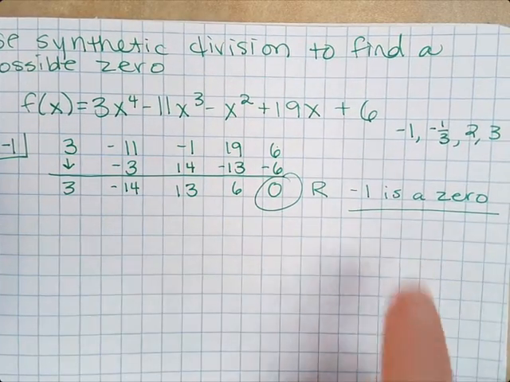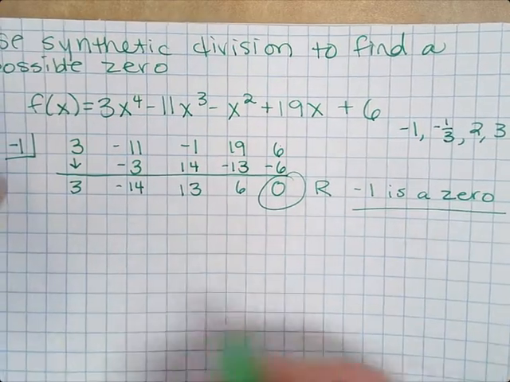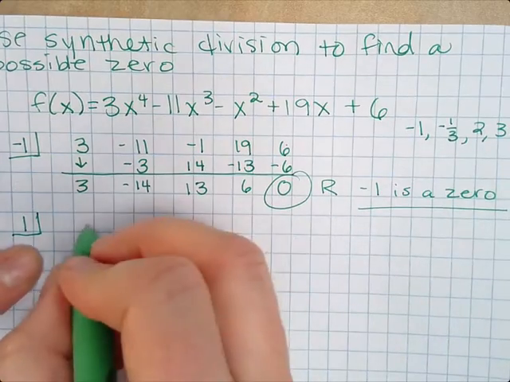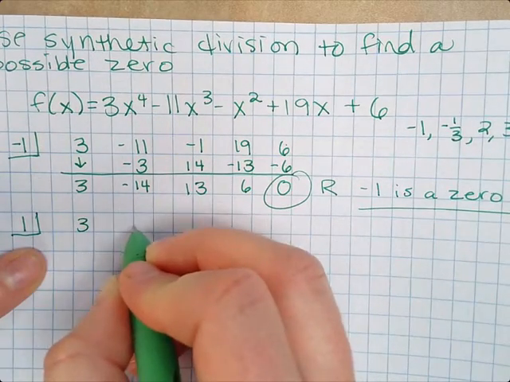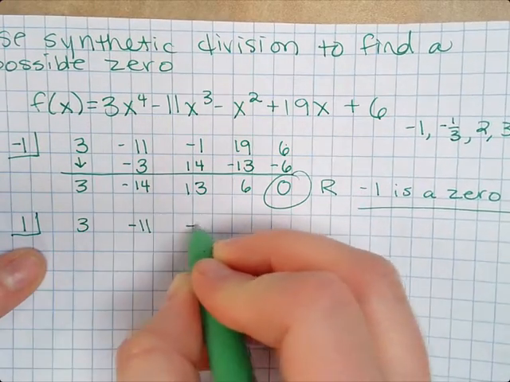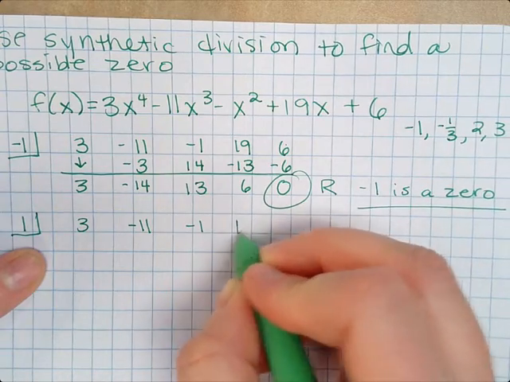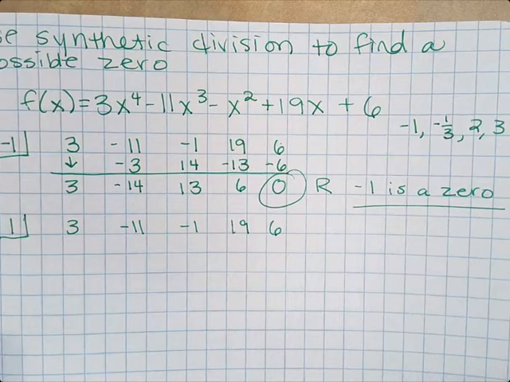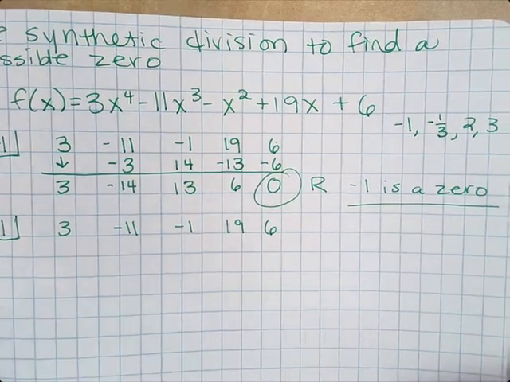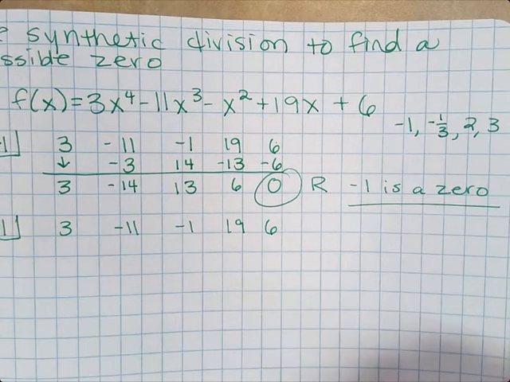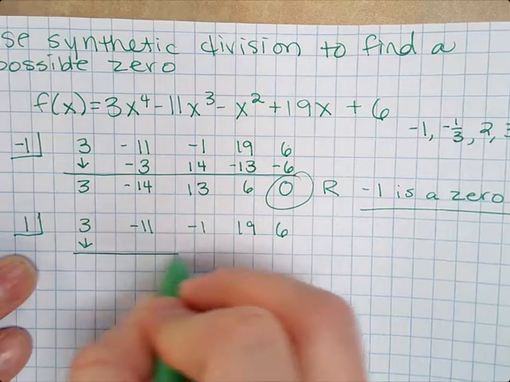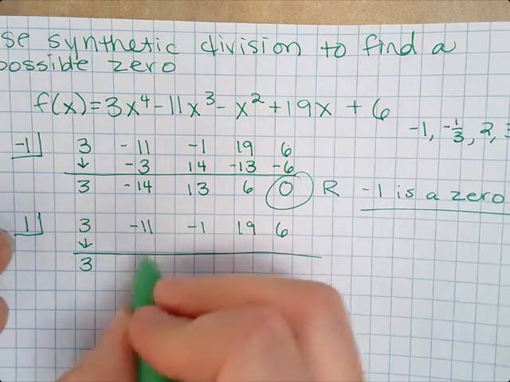So then to find another number, let's say we had to try out 1. So let's see how 1 is different. So do 1. So then we would carry this down. We do 3.